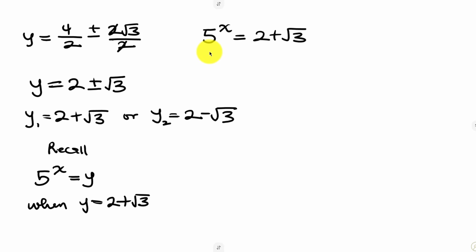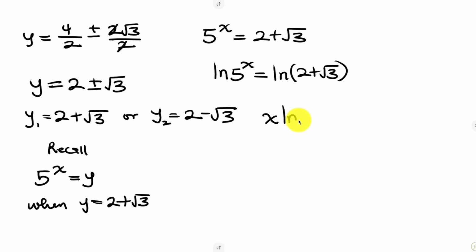Now I'll take the ln of both sides. So ln of 5 to the power of x equal to ln of 2 plus the square root of 3. Now applying the exponential rule for logarithm, this becomes x, which is the exponent, times ln 5 equal to ln of 2 plus the square root of 3.